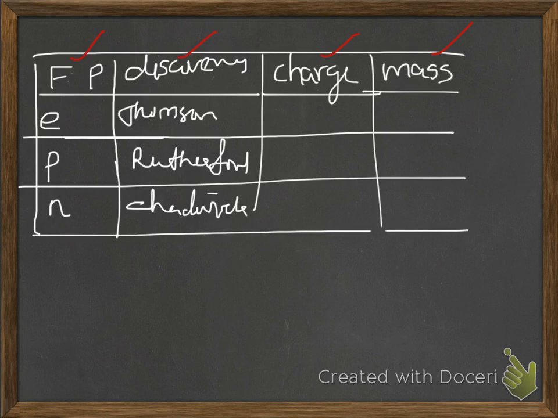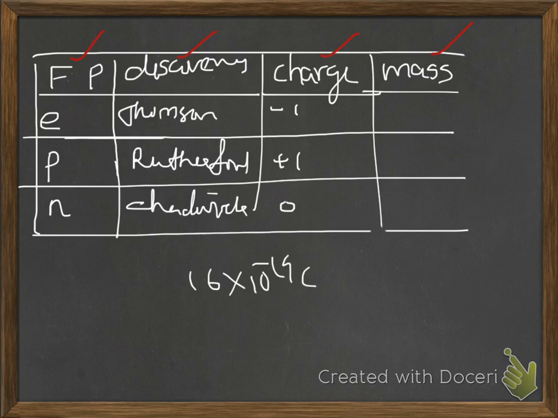Charge of electron is -1. Proton is +1, and neutron is chargeless. But actually charge is 1.6 into 10 raised to minus 19 coulomb.